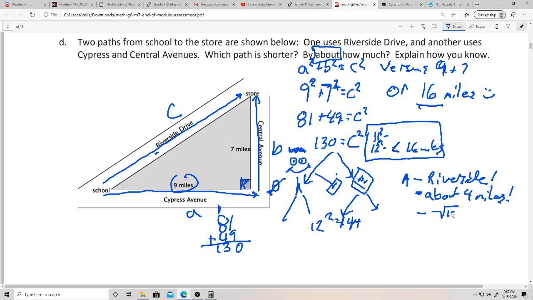So I would just put the square root of 130 is between 11 and 12. Cypress and Central equals 16. 16 minus 12, 4.